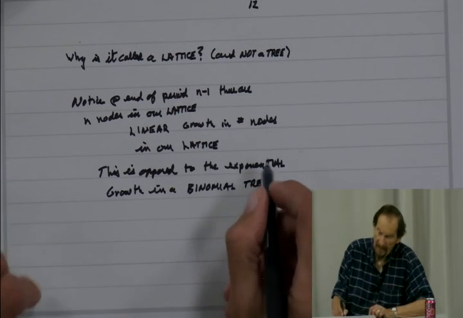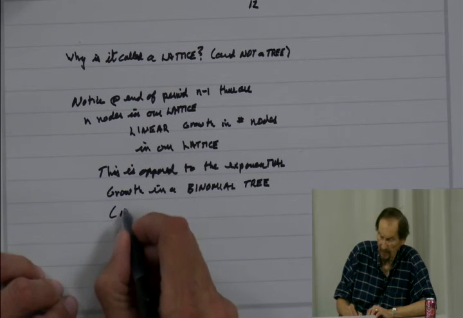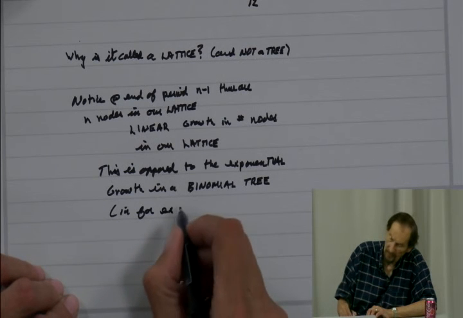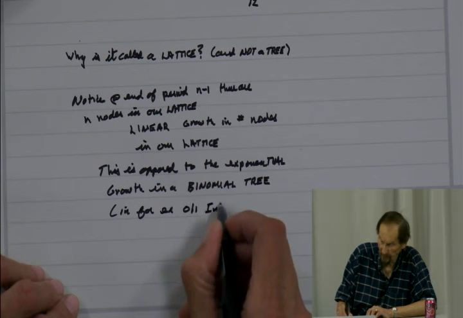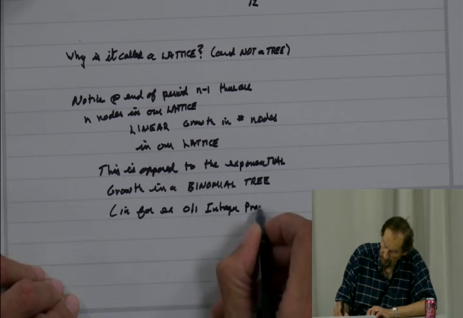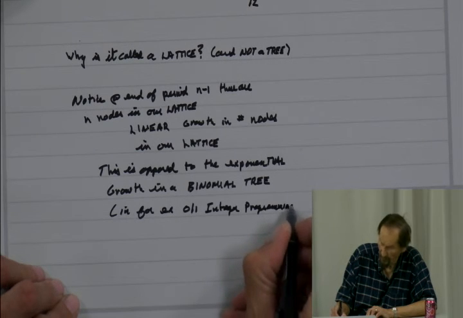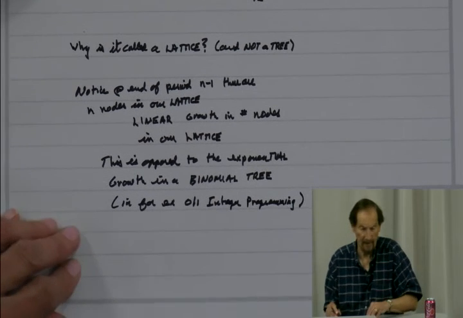And sometimes we see these binomial trees in, for example, 0-1 integer programming, or optimization. Okay, so let's look at that.